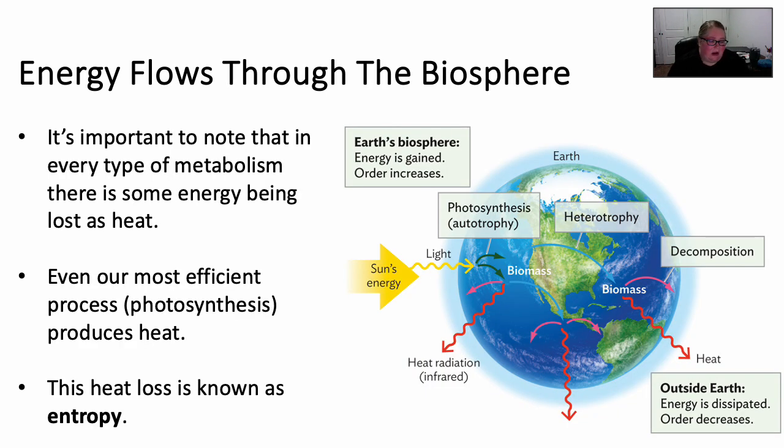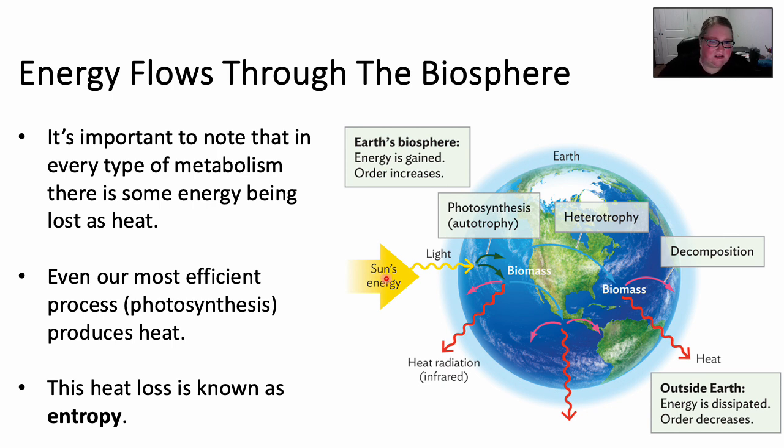Okay, so we have to talk about how energy flows through the biosphere. In chapter 6, we talked about how all energy comes from the sun and goes to autotrophs and then to heterotrophs. This is what this slide is talking about. Taking that energy from the sun and making it usable is going to be some organism's metabolism.